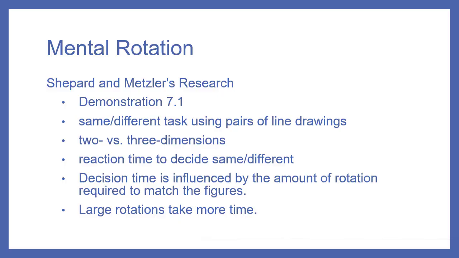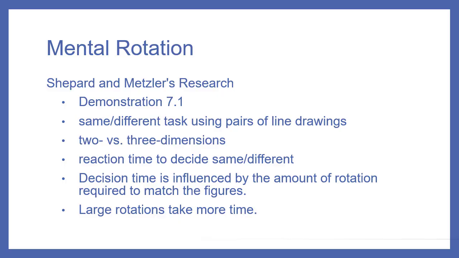It can be very difficult to know if there is a shape that's similar if it's rotated in a different dimension other than just simply rotating it on a plane, like on a dial or on a clock or something like that.